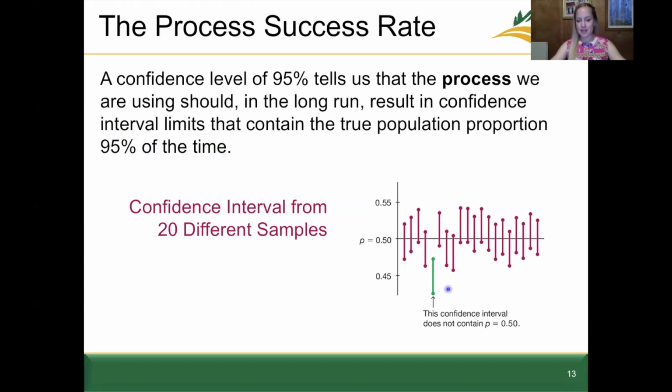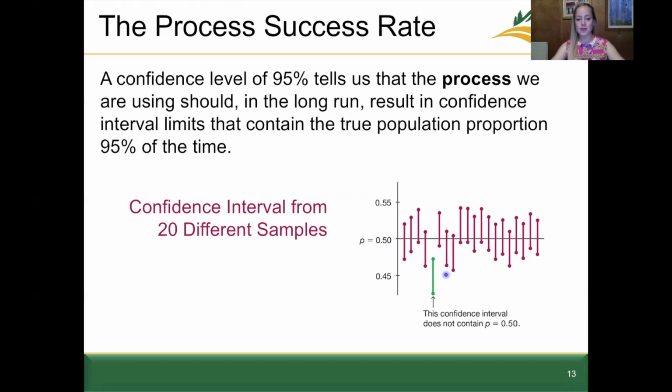How can we look at this and tell that amongst these 20 samples and these 20 different intervals, how do we know that represents 95% of the time that we are representing the true population proportion within each of our samples? Well, here we have 20 different samples, right? All represented by these lines here. Only one of those 20 different samples does not contain the true population proportion here, which is at 0.5.